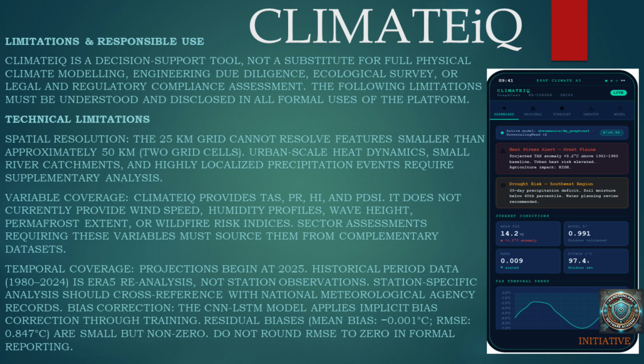Variable coverage. ClimateiQ provides tas, pr, hus, and PDSI. It does not externally provide wind speed, humidity profiles, wave height, permafrost extent, or wildlife risk indices. Sector assessments requiring these variables must source them from complementary datasets.